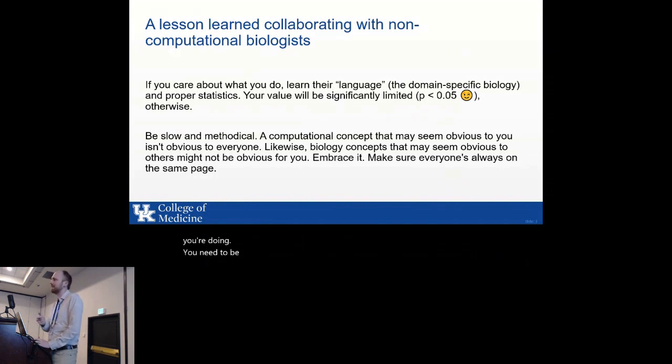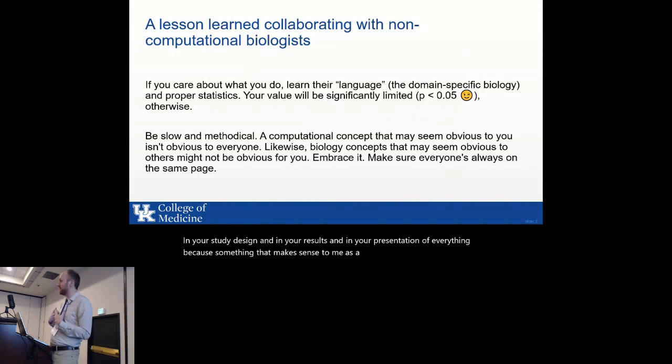You need to understand what they mean, because if you don't, the value of your research is going to be so limited. What I really mean by that is be slow and methodical in your study design, your results, and your presentation of everything, because something that makes sense to me as a computational biologist might not make sense to the pure biologists we're collaborating with, and vice versa. Things that might be really obvious to them might not be intuitive to me.